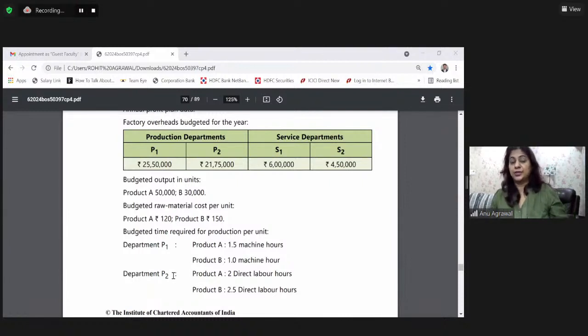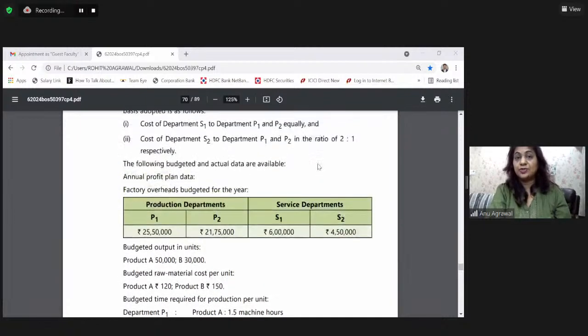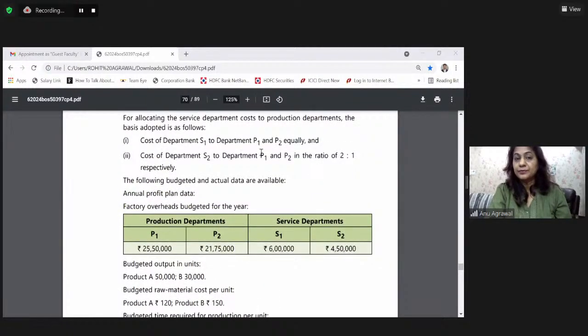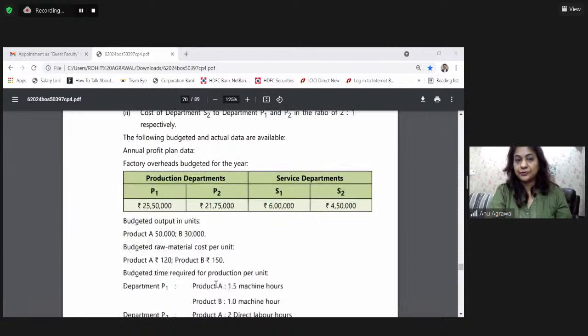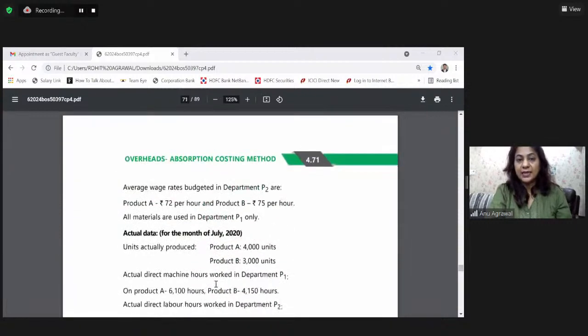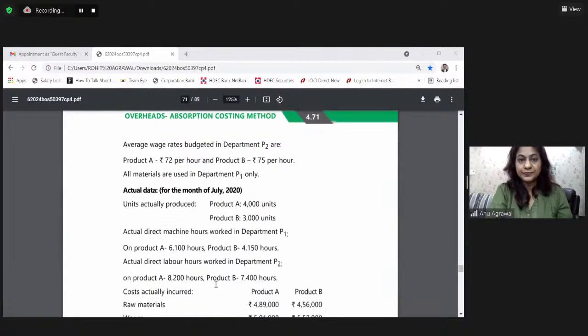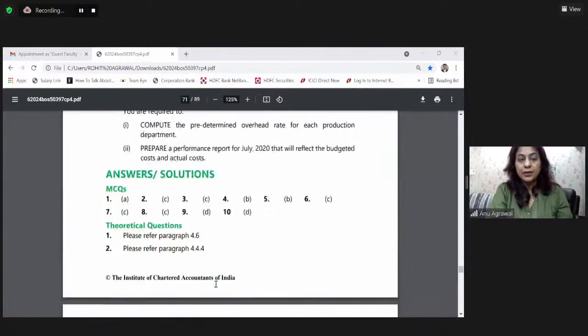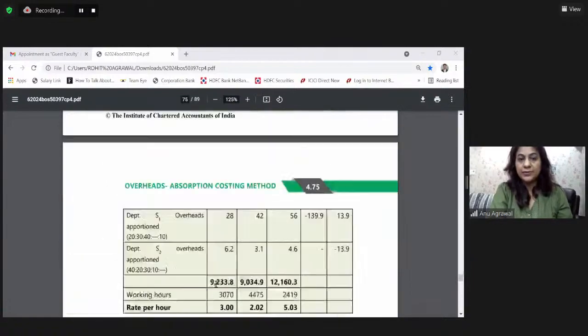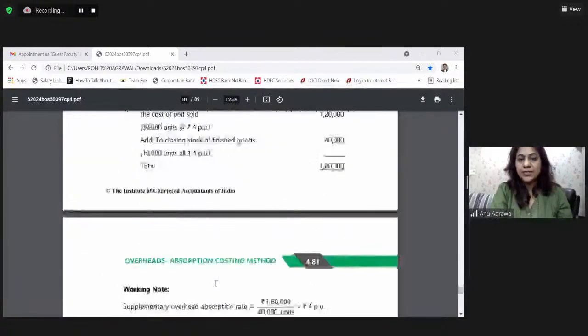But what do we do first? First, we divide the expenses of the service department as per the ratio which they have given. Service department S1, you will divide equally. S2, you will divide in a 2:1 ratio. That is what ICAI does. If I go by the answers, the first thing ICAI does is this.